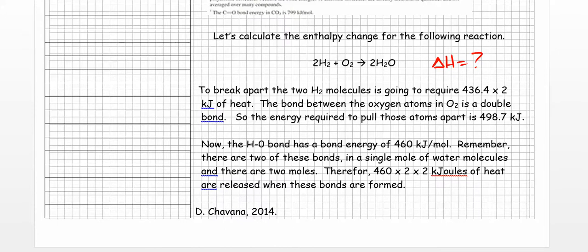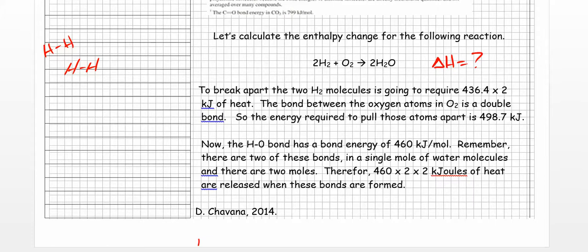We've got H2. So hydrogen is bonded to hydrogen, and we've got 2 of those, right? Let me draw it just like that, okay? So in order for this reaction to happen, both of those hydrogen-hydrogen bonds have to be broken. So we're going to need to know what the energy requirement is for the breaking of those 2 moles worth of hydrogen bonds.